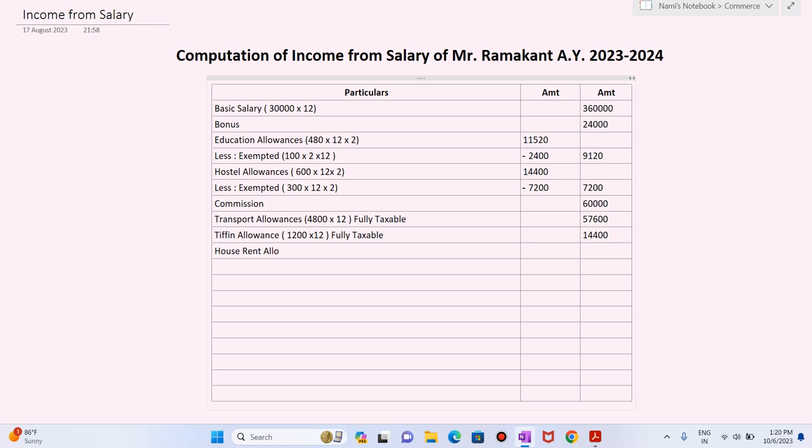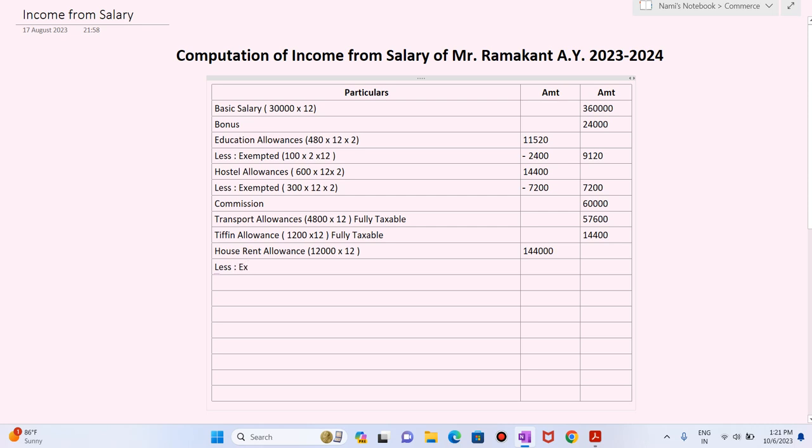House rent allowances. How much house rent allowance is there? 12,000 per month. So 12,000 multiplied by 12, we get 1,44,000. Write it in inner column. Less exempted.